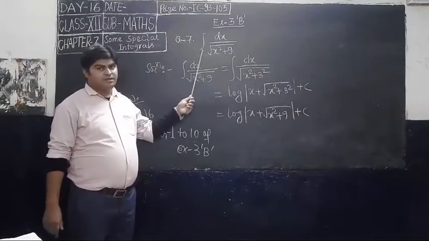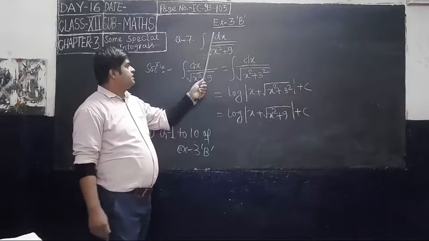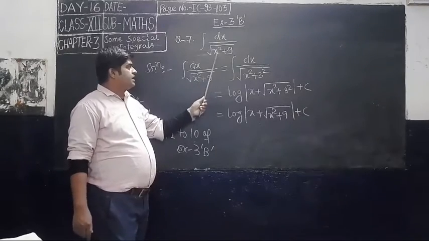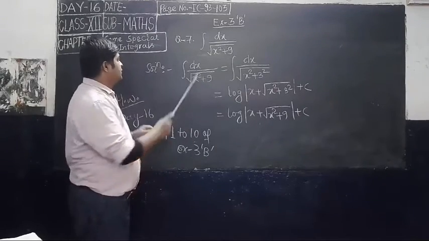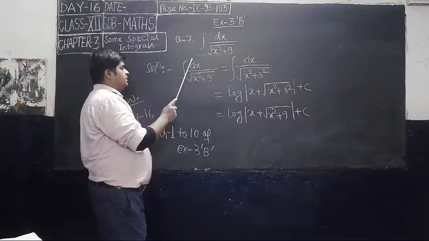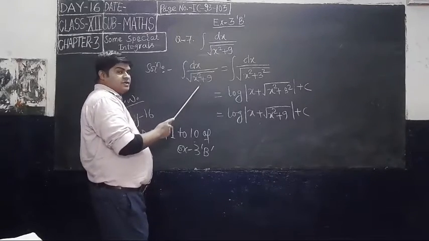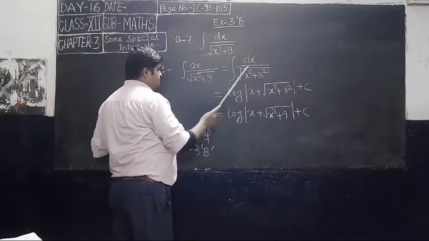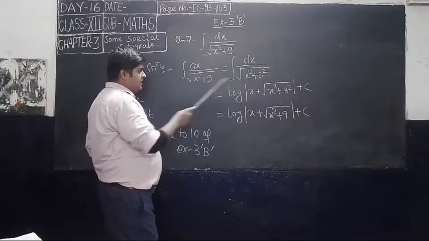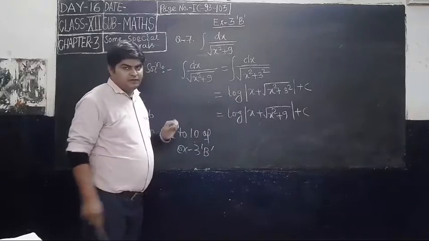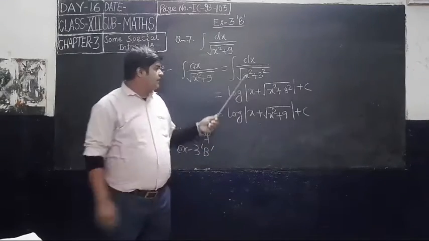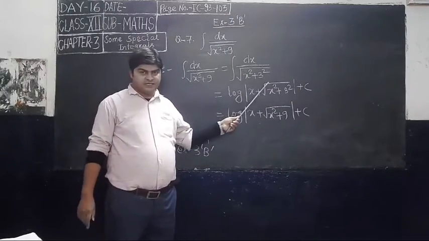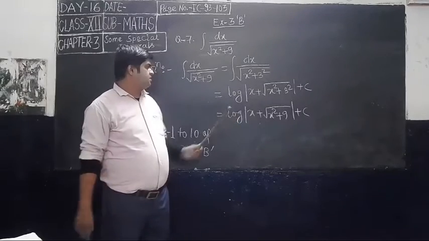See question number 7. You have to find integration dx by under root x square plus 9. You will arrange the term: integration dx by under root x square plus 9 equals integration dx by under root x square plus 3 square, and use the formula for integration of under root x square plus a square, formula number 3.